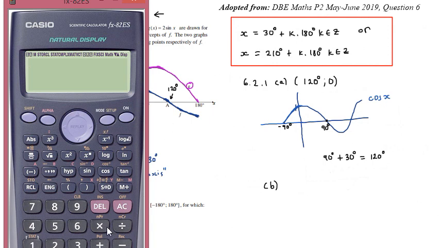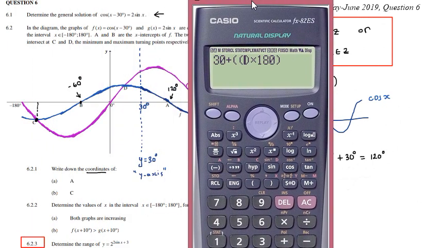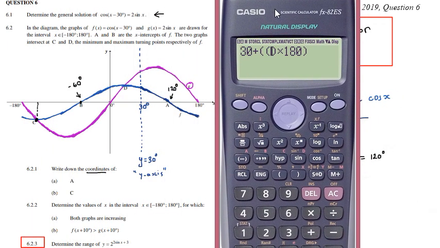Right, so I'm going to choose to use the first general solution, so 30 degrees plus K times 180, and K is an element of the integers. Obviously we can't use a K value of 0 because then we'll get 30 degrees. That's not what we're looking for. Let's just shift the calculator to this side so we can see.